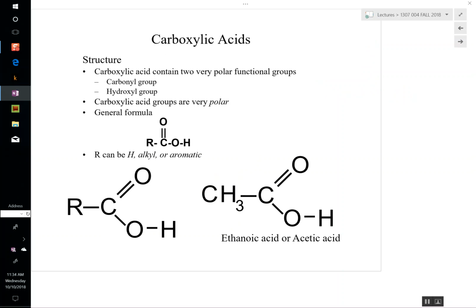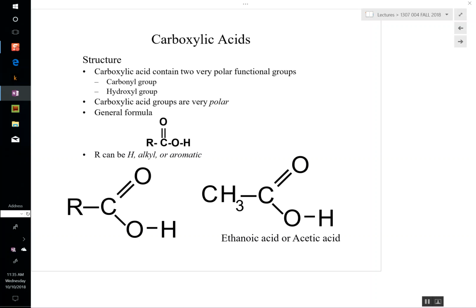So you have a carbonyl, a carbon-oxygen double bond, and an OH on the same carbon. Earlier in chapter 13 we had an aldehyde that also had an OH group somewhere on another carbon. That's not a carboxylic acid. This hydrogen is not going to be acidic or dissociable unless it's in this configuration.